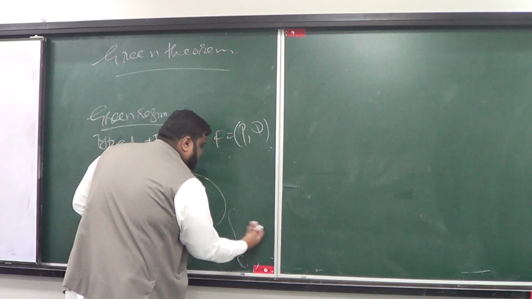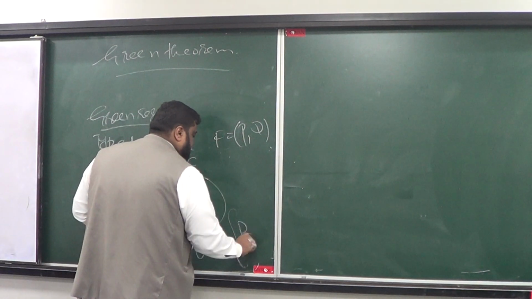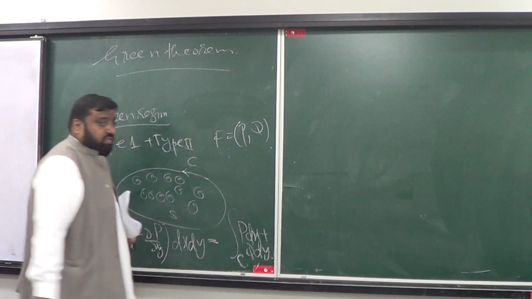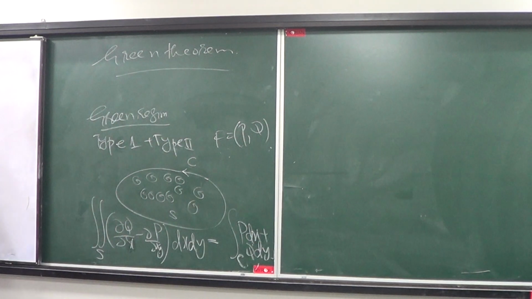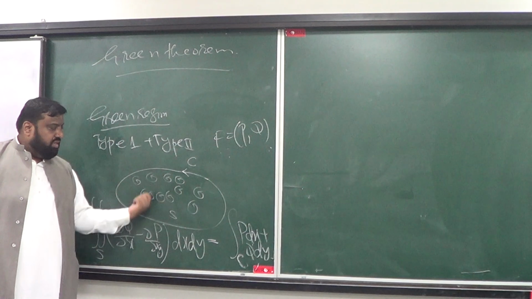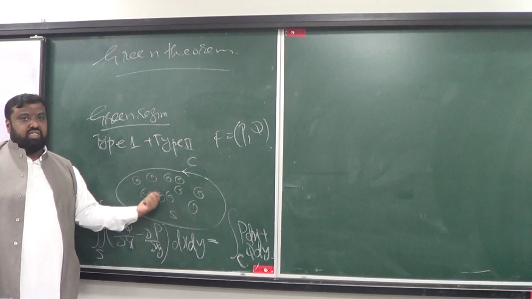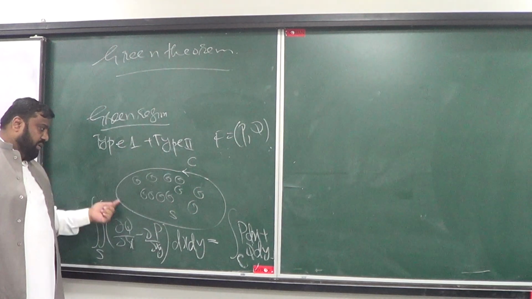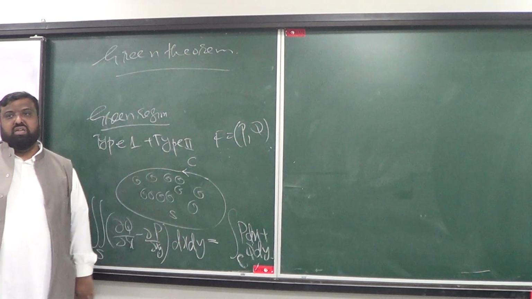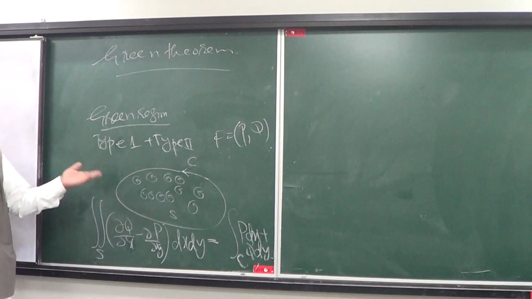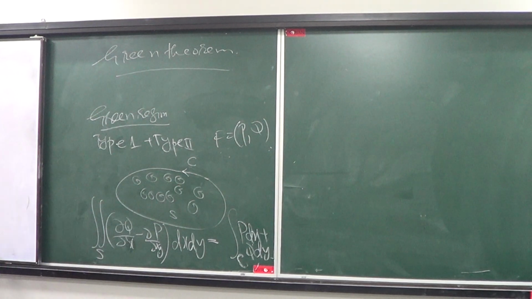And I know that in a classical sense, I can also write it as P dx plus Q dy. That's essentially what Green's theorem means: if you take the local circulations in the entire region and sum them up, you're going to get a global circulation of F along this curve. Okay, so we proved it in detail as well.